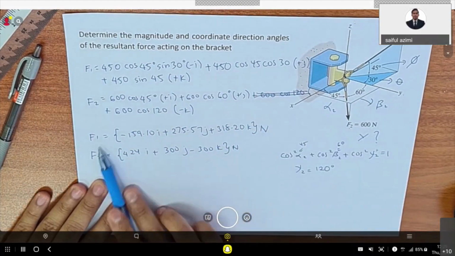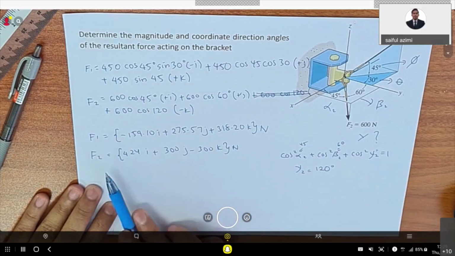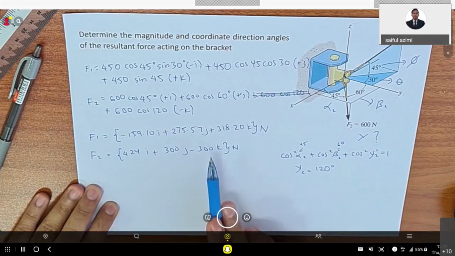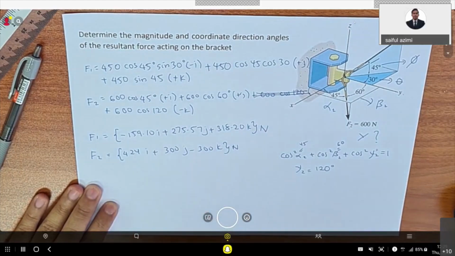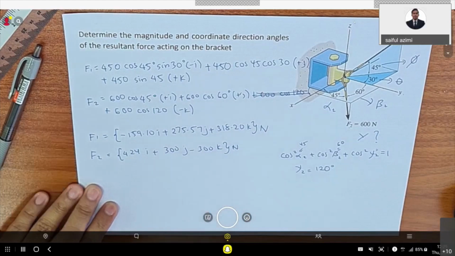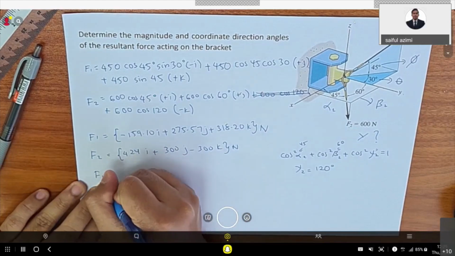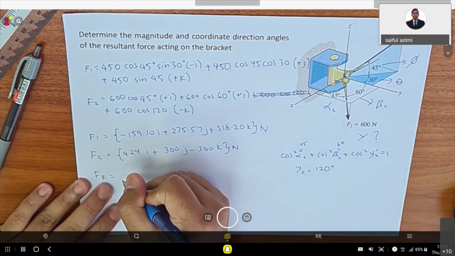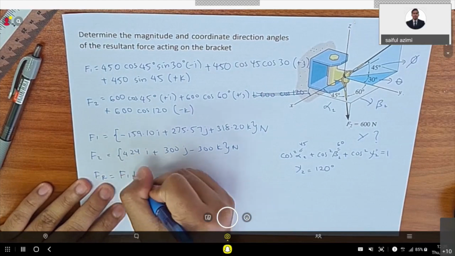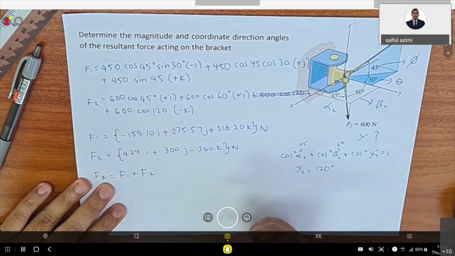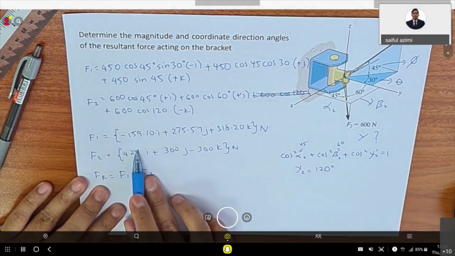So this is the element of your force 1 and force 2 in 3D Cartesian form. If you wanted to find the magnitude, you simply do Fr equals F1 plus F2. So you add these two together first.